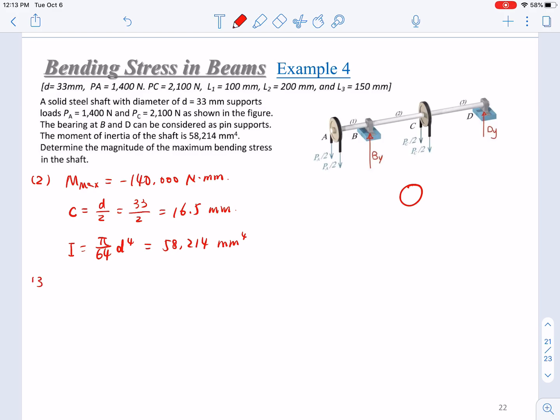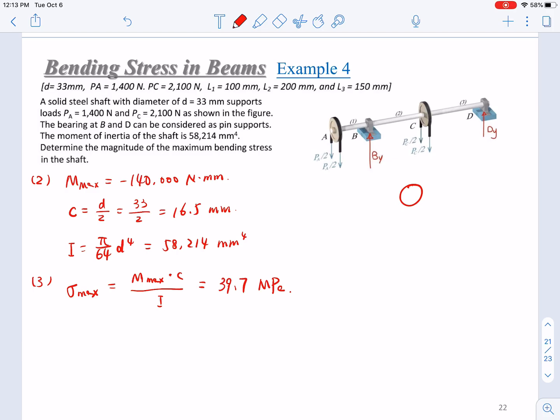Okay, then in the end, we can calculate the maximum stress. That would be maximum moment times C over I. So it would be 39.7 MPa.